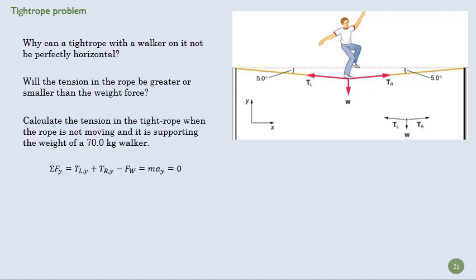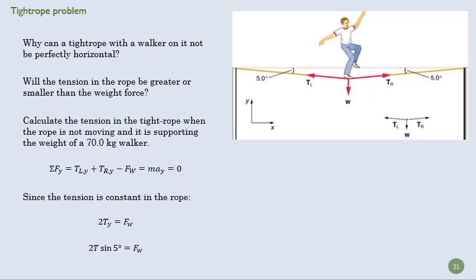Then I can move FW to the other side, and I can recognize that TR and TL have to be the same. Why? Because that's the nature of tension, right? We know that tension within the rope is going to be the same at any point within the rope. And so I get rid of TL and TR and I just call them T. And so I end up with 2TY equals FW. That's just from moving force W over to this 0 side.